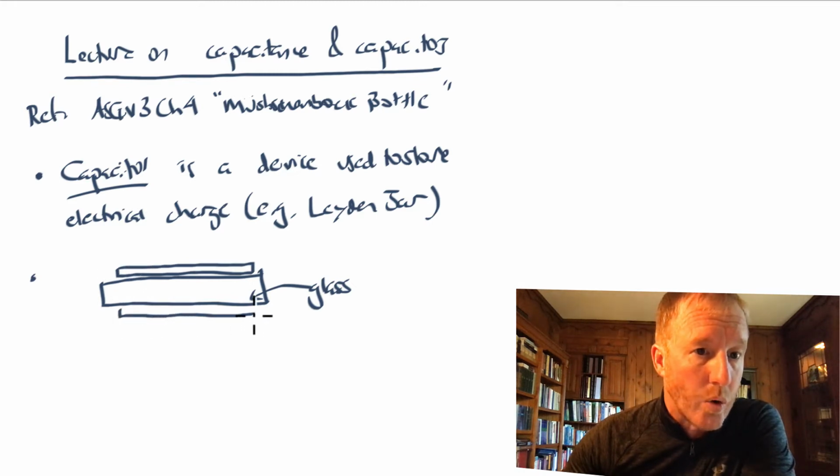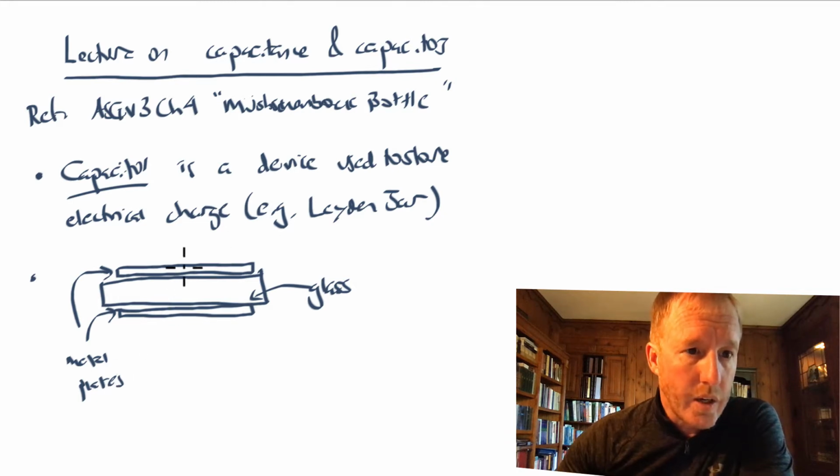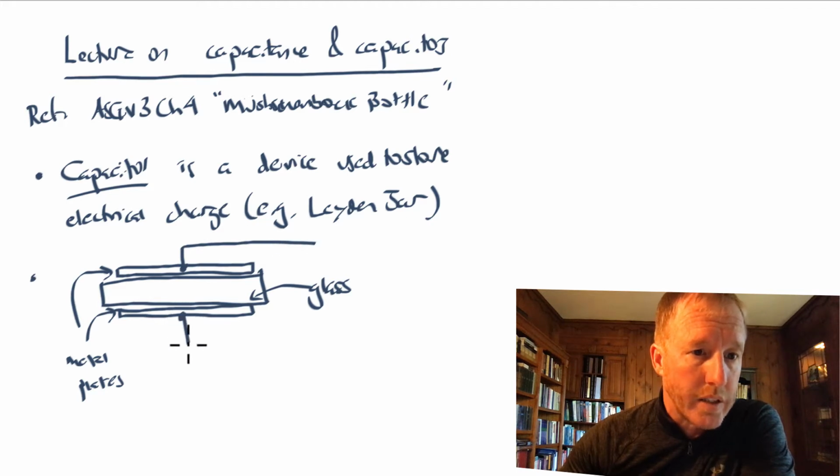This is a bit like an Oreo cookie. So you've got metal plates sandwiching the glass, and Benjamin Franklin used lead plates. And then you can attach a wire to each of these lead plates. This one typically goes to ground.